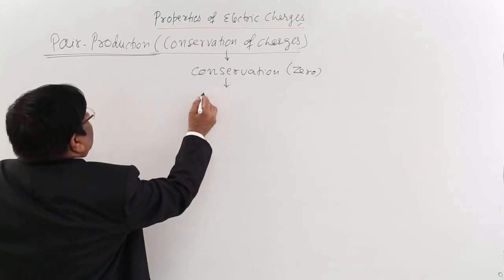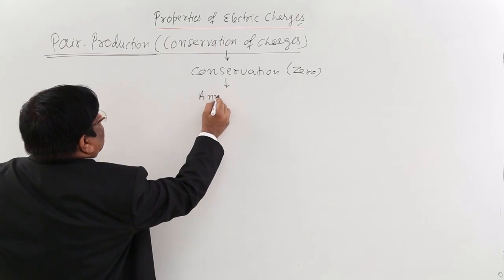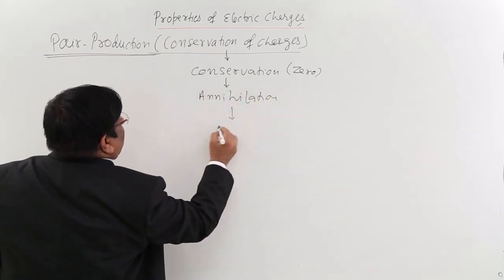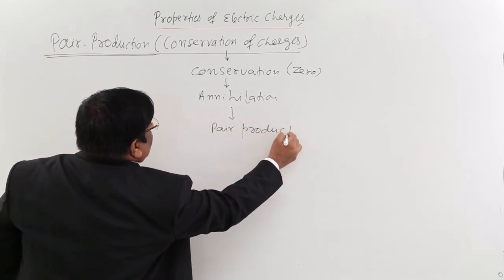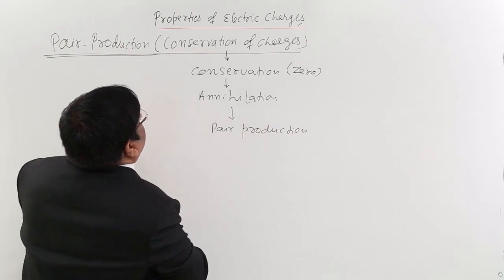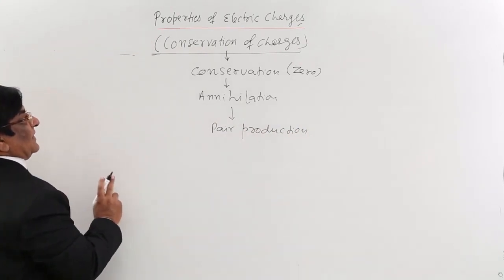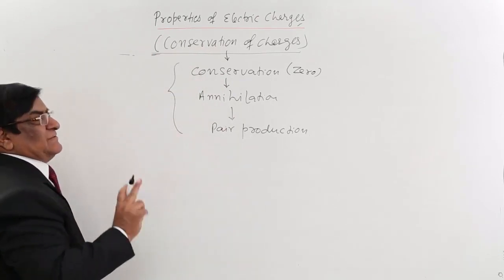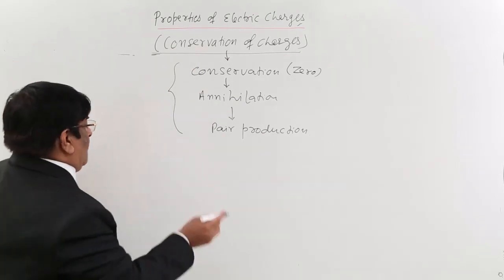Then there is pair production, and there is annihilation. The conservation of charges I can now write once again, including all three, and that is the answer when you are asked what is the conservation of charges principle.